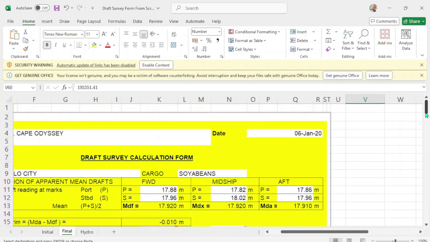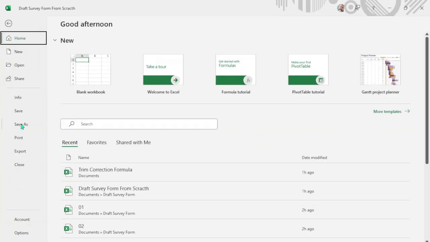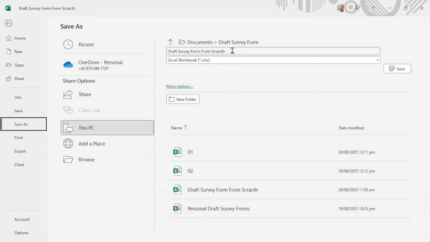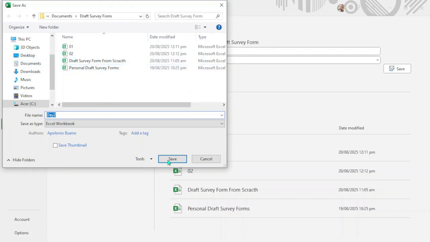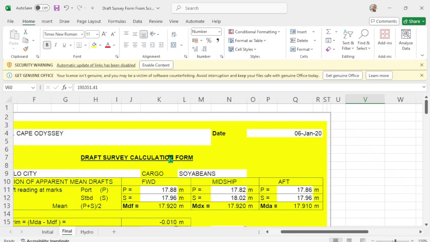Now, for example, you made this in day 1. So you want to make another copy of this draft survey. You just click file, then go to save as. Then we make this one, for example, day 2. Then you see day 2.